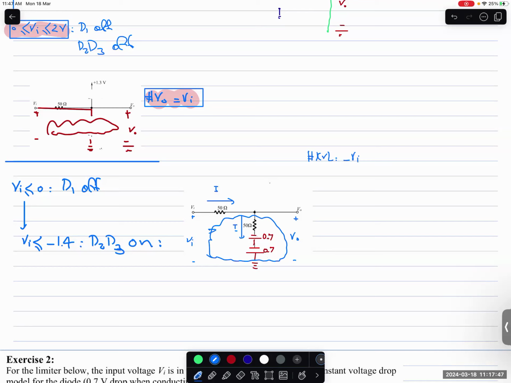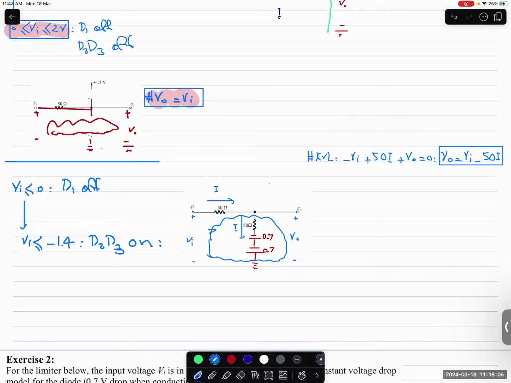Minus VI plus 50I equal to 0. So you say VO equal to VI minus 1.